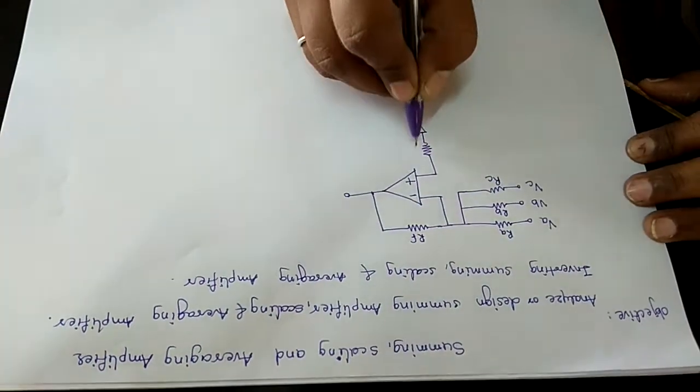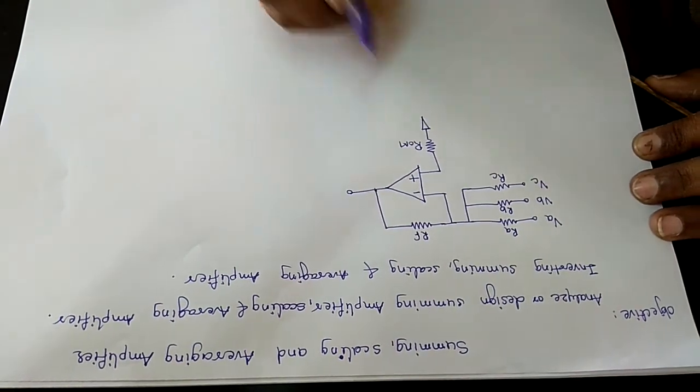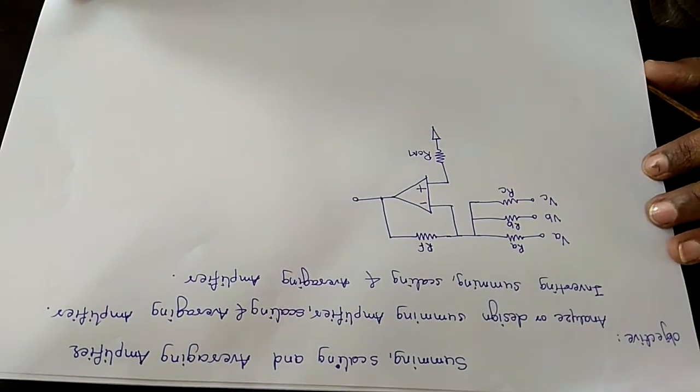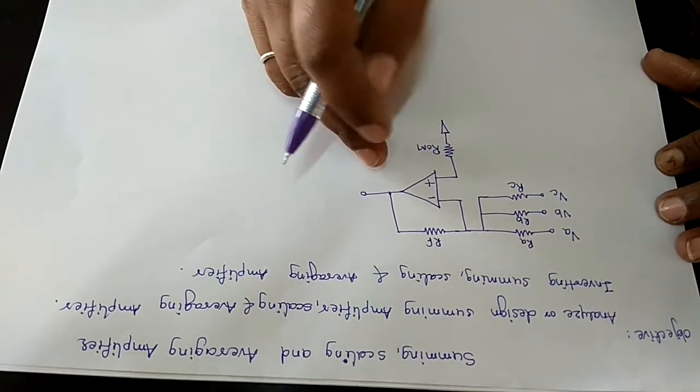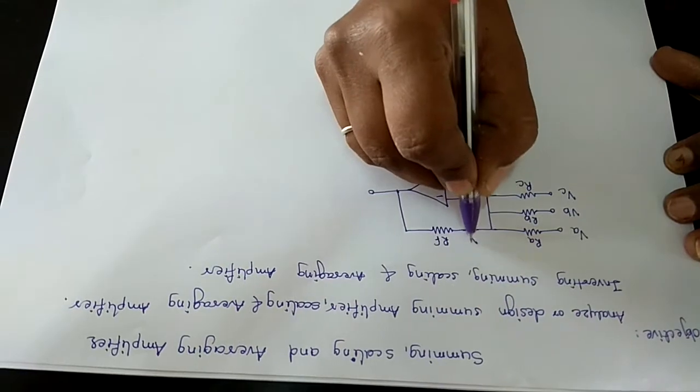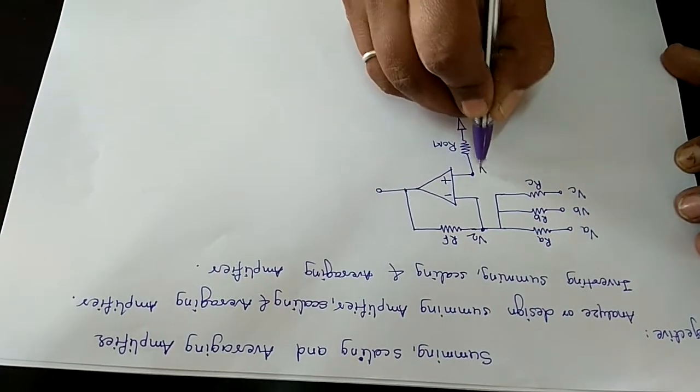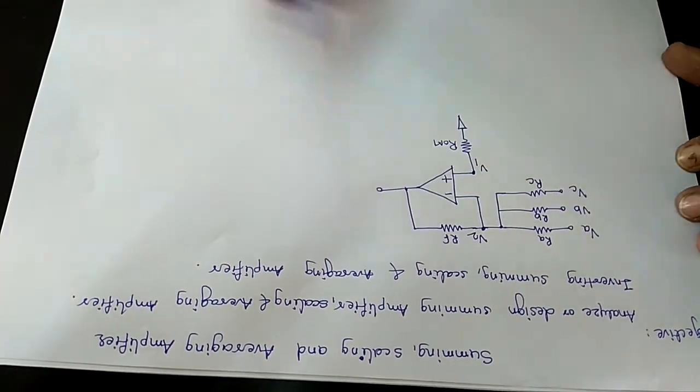This is the feedback resistor. This is the offset minimizing resistor, used to minimize the effect of input bias current on the output offset voltage. This is voltage V2, the voltage at this point is V1. This is the summing junction.